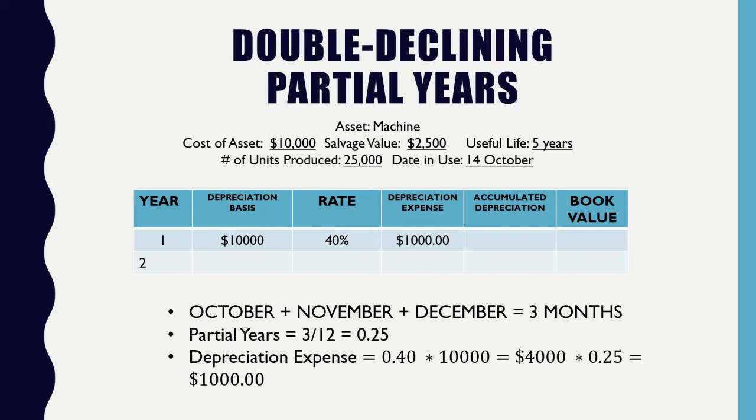Or I could just simply take the total depreciation expense and multiply it by 25%, which is going to give me 1,000. So 4,000 times 0.25 is equivalent to $1,000 of depreciation expense.